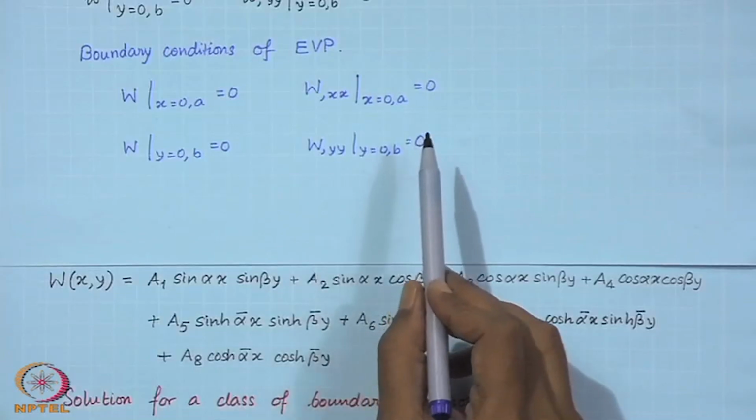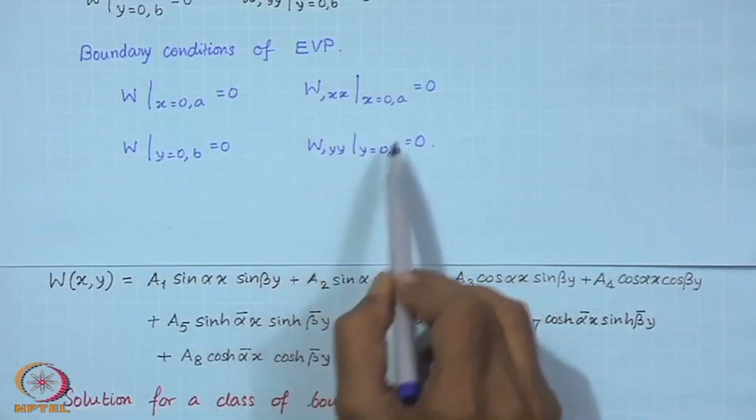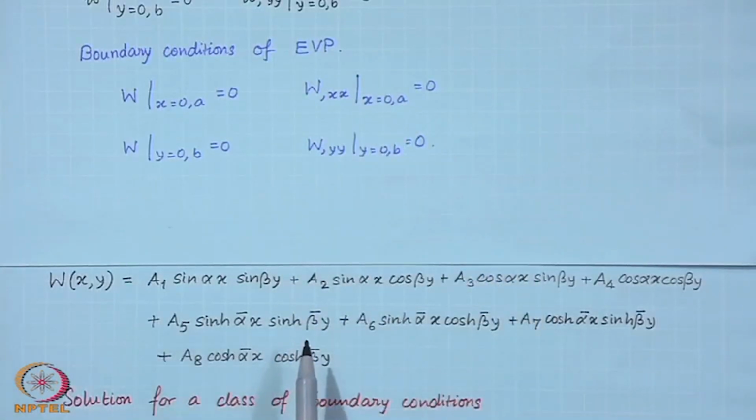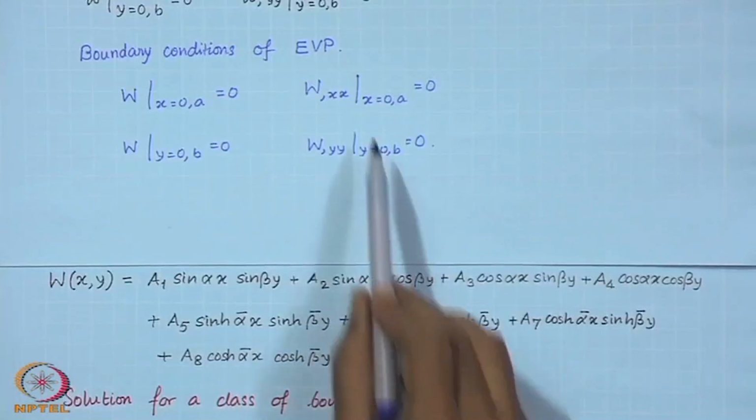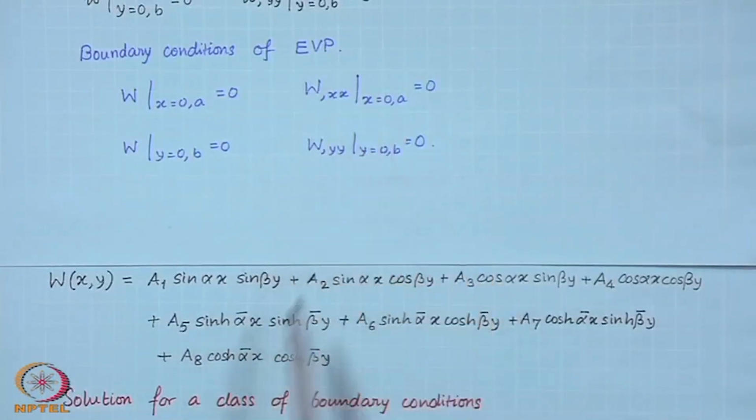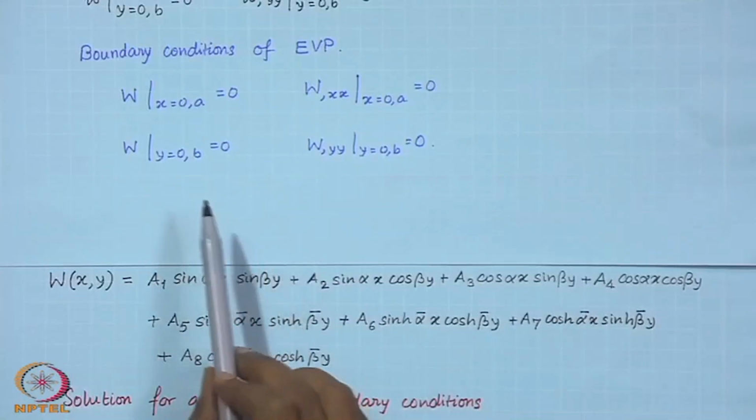Similarly, when you take the double derivative with respect to x and look at x equal to 0, again you will find that those terms will vanish.